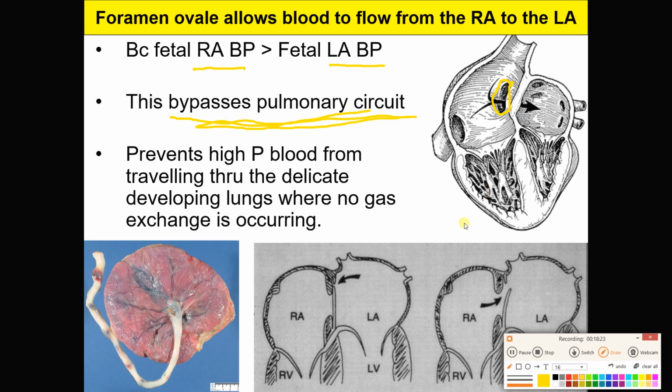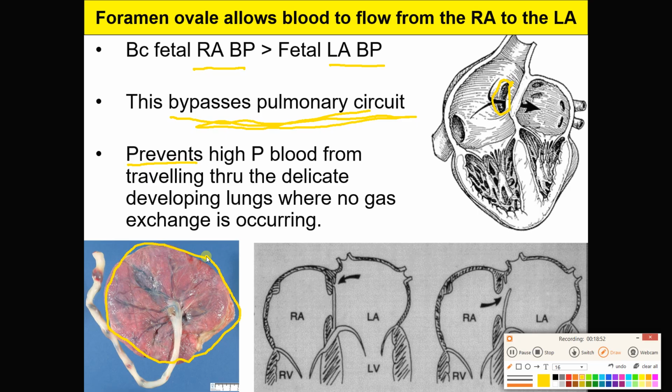And what this is doing is preventing the high pressure blood from traveling through those delicate and developing lungs where no gas exchange occurs. So remember, we're talking about the fetus here. All the gas exchange for the fetus is happening between fetal blood and mom's blood at this organ right here. Anybody know what this is? It is a placenta.